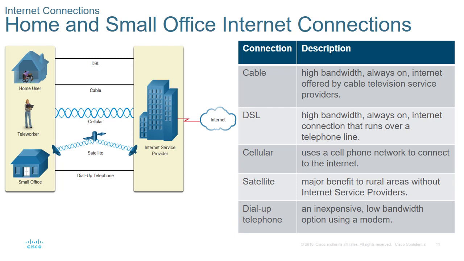Now we will see what are the different possibilities available to get the internet connection for home and small office. For a home and small office, we have different options to get the internet connection. We can get the internet connection through cable, DSL, cellular, satellite, and through dial-up telephone. If you see, the cable uses high bandwidth, so it is always on.